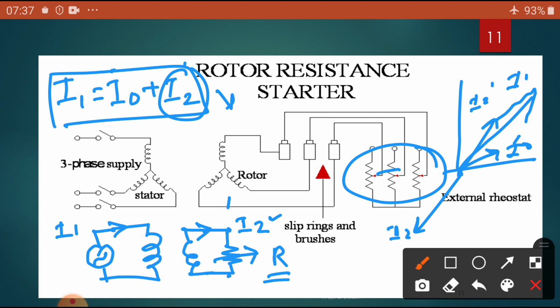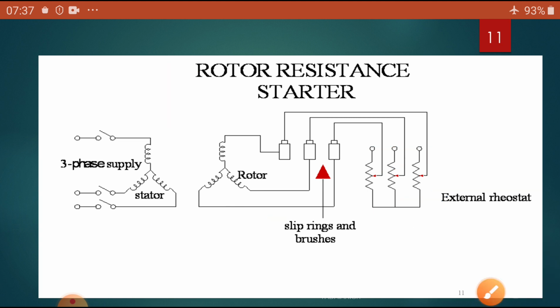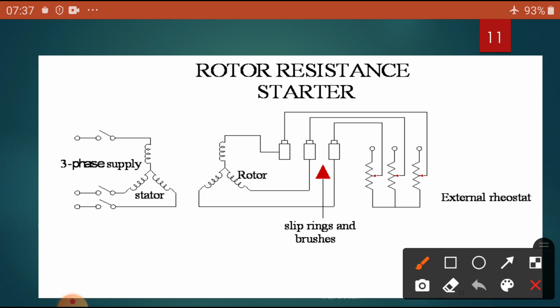So what is the operation? You can see it. The stator current can be limited by introducing a variable resistance in the rotor circuit.